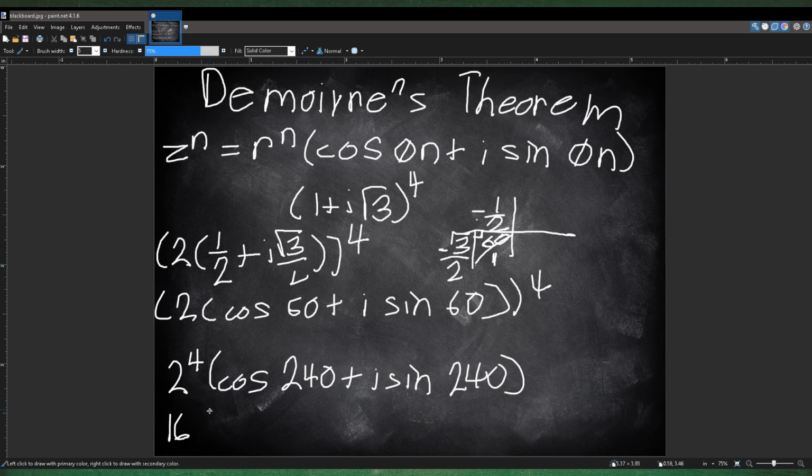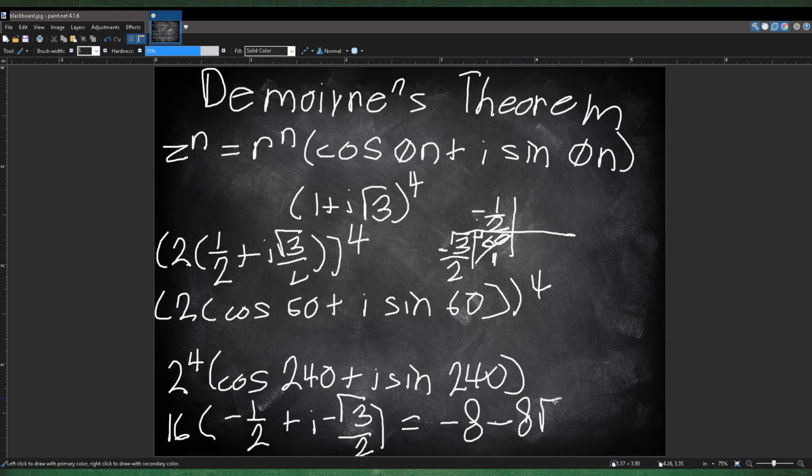So cosine of 240 degrees is negative 1/2, and sine of 240 degrees is negative √3/2. So this simplifies to negative 8 minus i 8√3.